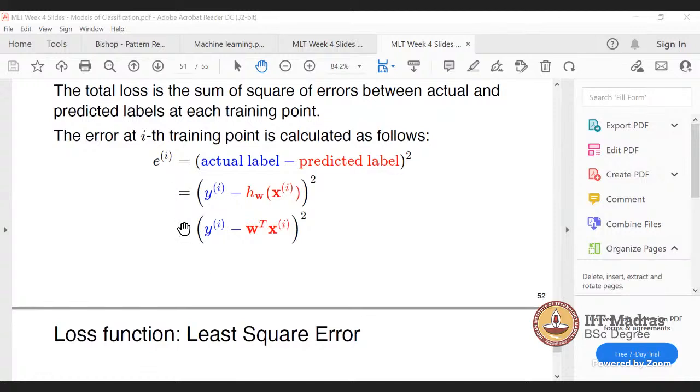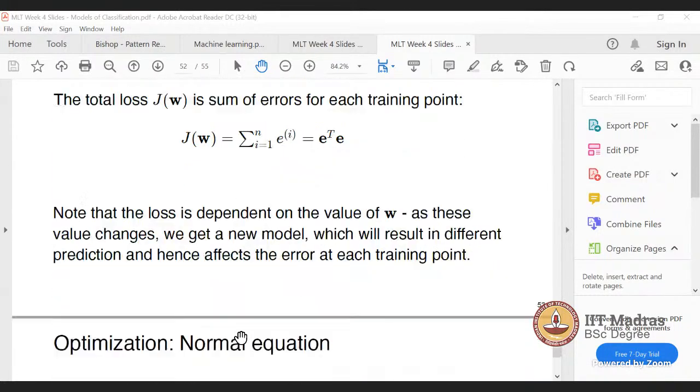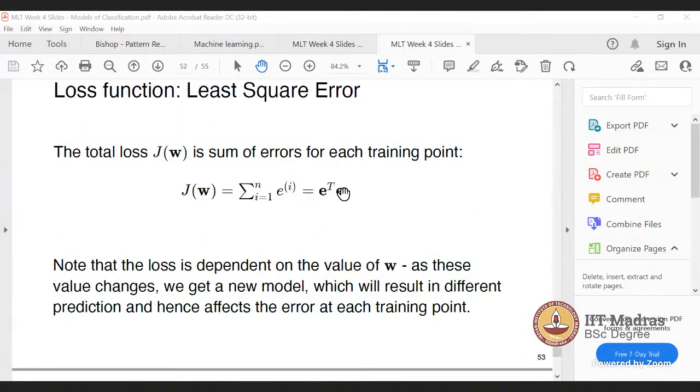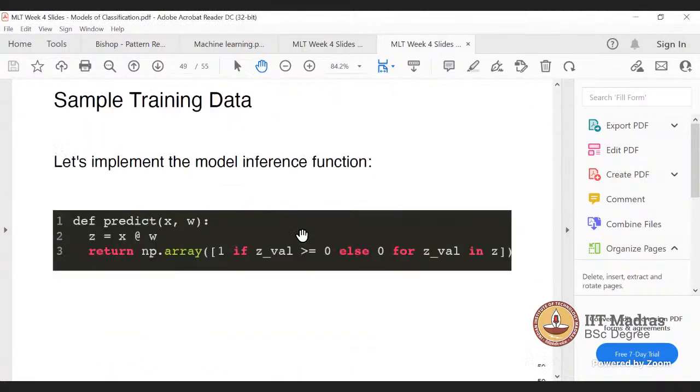Okay, so this is your error, and total error is defined as the sum of all such errors for all data points. And in the vector form, you can write it as E transpose E, where E is the error. So let me see where the vector form is here.